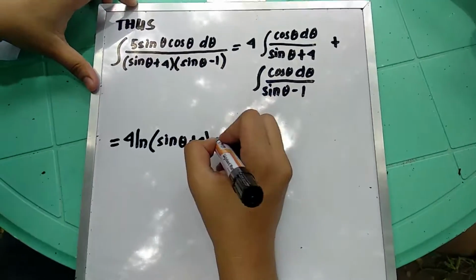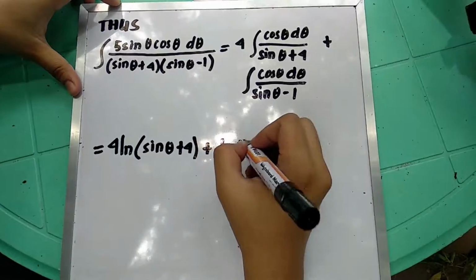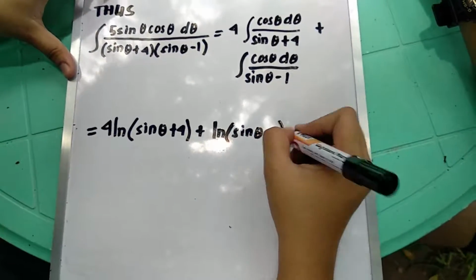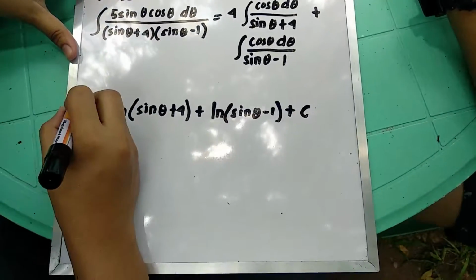The answer will then be 4 ln|sine theta plus 4| plus ln|sine theta minus 1| plus C.